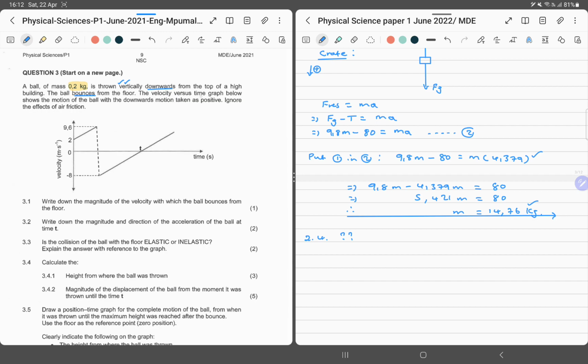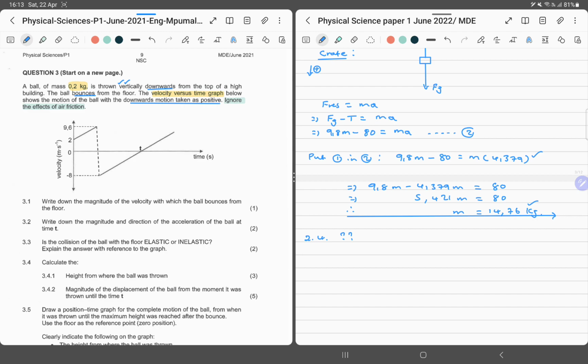Now the velocity versus time graph below shows the motion of the ball with the downward motion taken as positive. So please guys, be able to understand what is going on. So down is taken as positive. So of course our famous statement, ignore the effect of air friction, which is very important, because when it is not included, you could see on those MCQs how that can complicate our lives.